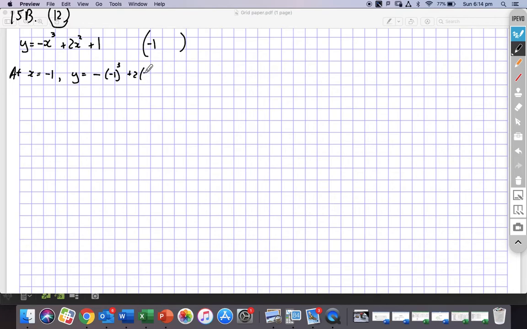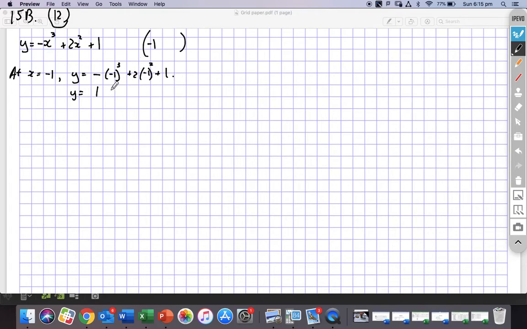So I'm just substituting in x equals minus 1 to find out what y would be. It would be minus, so hang on, minus 1 cubed is minus 1 times minus, so that would be 1. Then 2, oh, I forgot the squared. Minus 1 squared is positive 1.